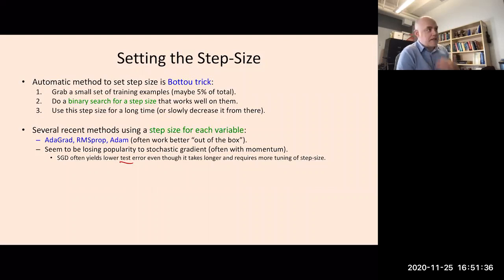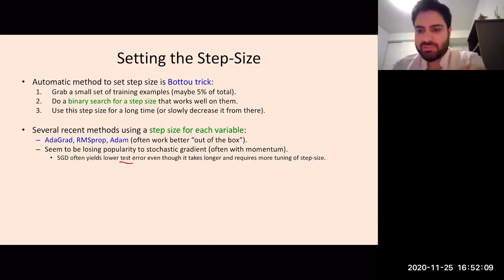The noisier gradient, even though it takes a little bit longer and you have to manually tune the step size, in terms of generalization error, the models learned by SGD are often better than super hyper-optimized models arrived at using Adam or RMSprop. In fact, you can see that in the hypergradient descent paper, where we learn how to optimize stuff super fast and super well. But then when you look at test error, the models trained with stochastic gradient descent do better, which is confounding. Can you explain batch SGD?